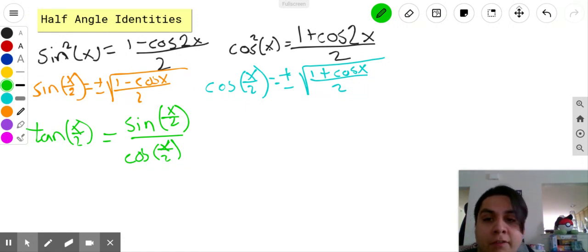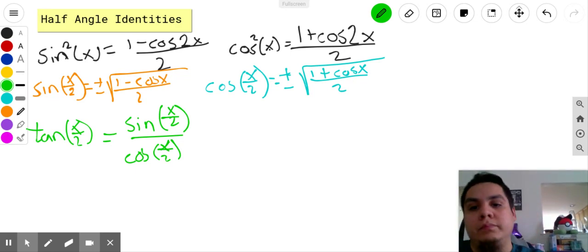You know that sine of x divided by 2 is equal to plus or minus the square root of (1 minus cosine x) divided by 2, and we know that cosine of x divided by 2 is equal to plus or minus the square root of (1 plus cosine x) divided by 2. So we're just going to go ahead and do the substitution.